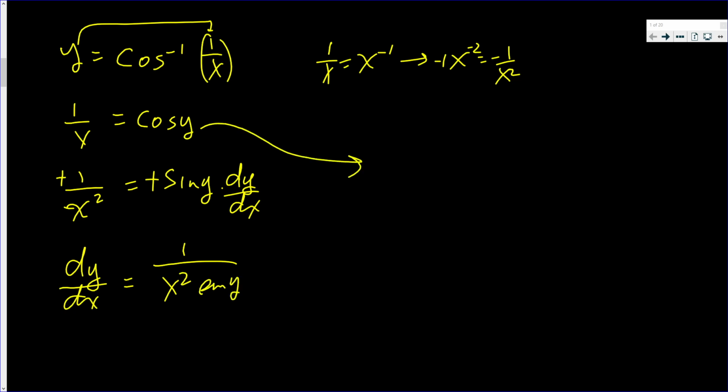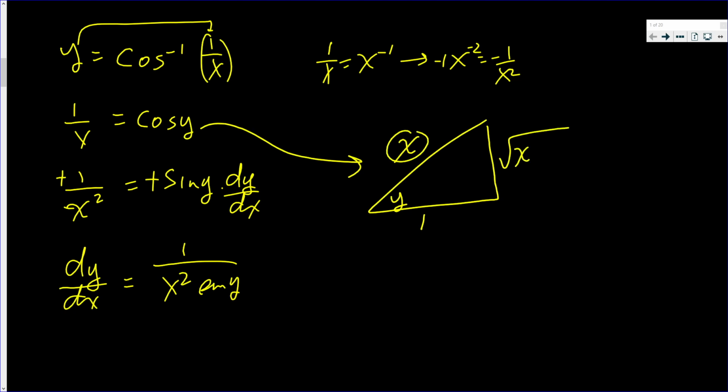Well, this here is going to give you the sine of y. We know the cosine of y is adjacent over hypotenuse, 1 over x. This is going to be the square root of this squared plus that squared. Oh, the sine of y is that over hypotenuse.